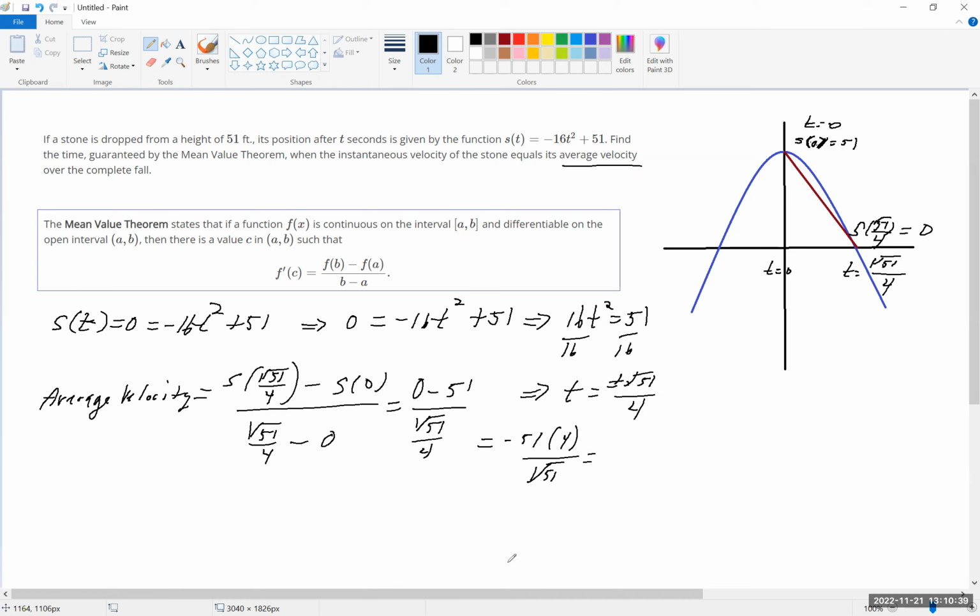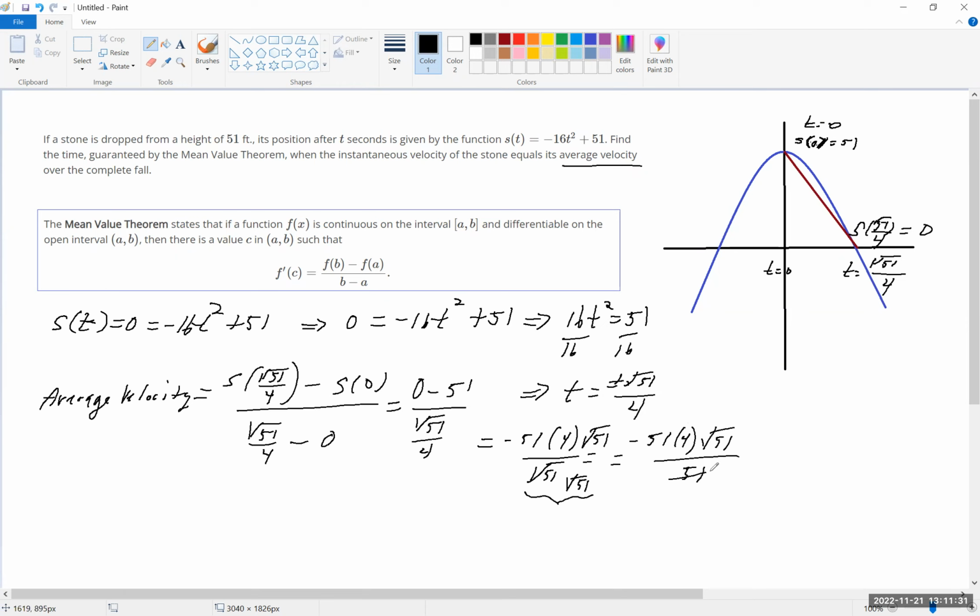And if I simplify, what I might do to simplify is multiply by the square root of 51 over the square root of 51, which leaves me with, it's going to get kind of messy at first, minus 51 times 4 times the square root of 51 over 51.